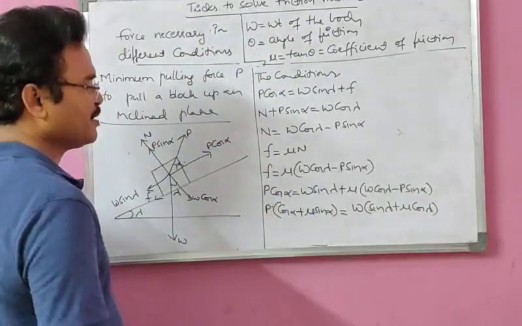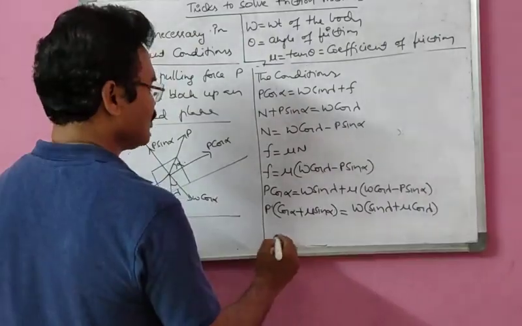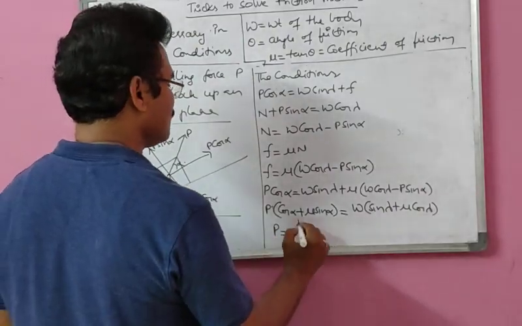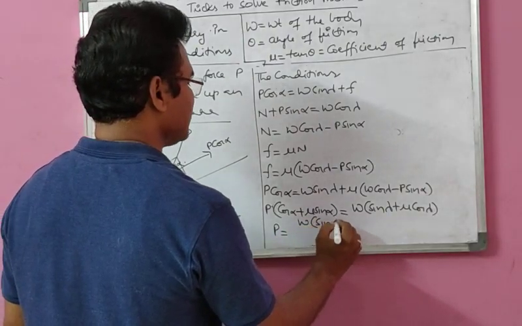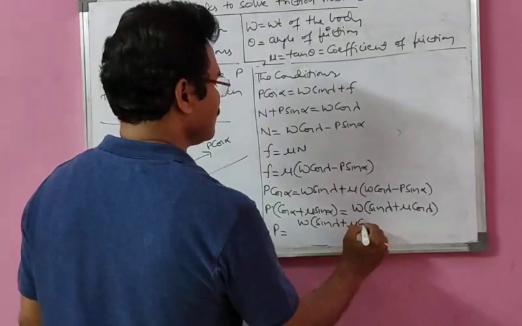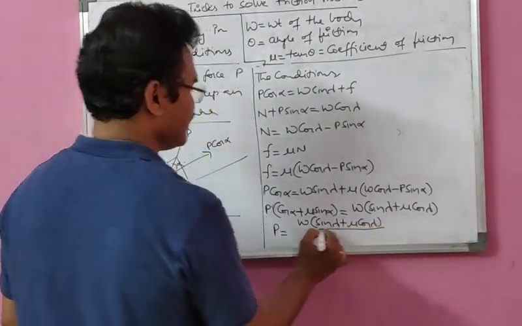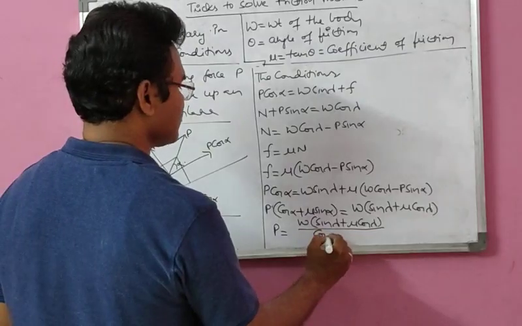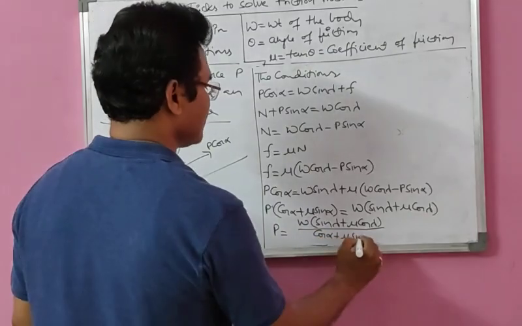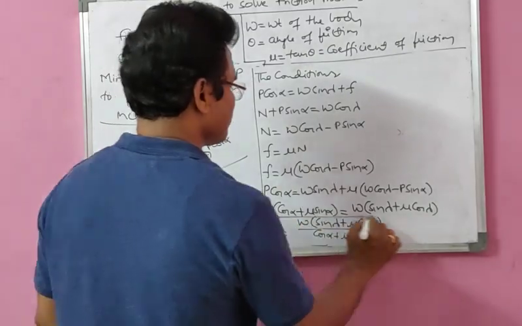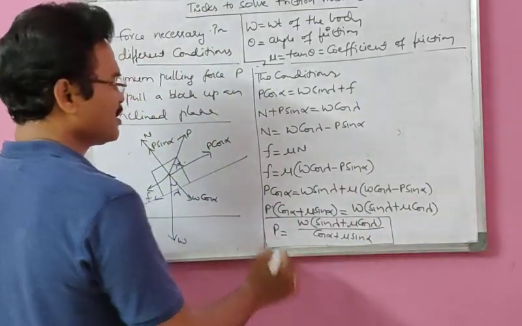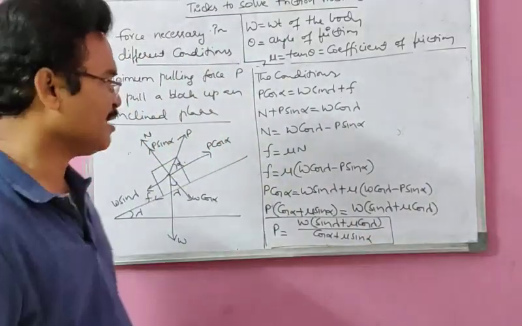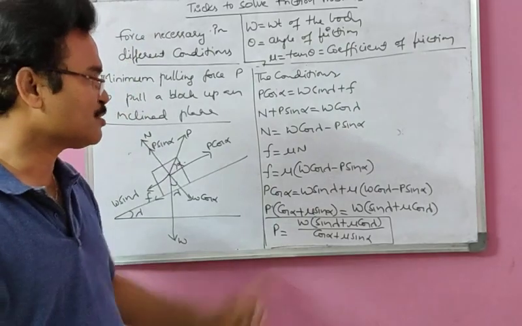If you want the P value, P equal to W (sin lambda plus mu cos lambda) divided by (cos alpha plus mu sin alpha). So this is the expression for P in terms of lambda, alpha, and mu.